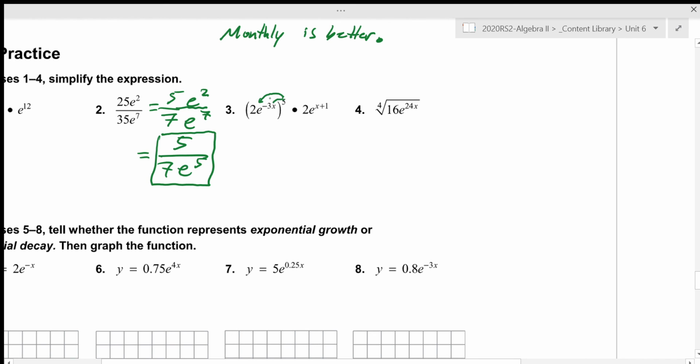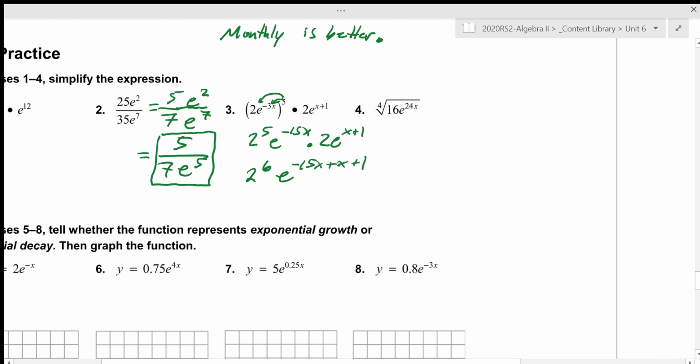So for the next one, distribute that 5 to both exponents. So this is 2 to the 5th e to the negative 15x, because 5 times negative 3 is negative 15, times 2 e to the x plus 1. Alright, we can combine the 2's because they're the same base, so this is 2 to the 6th power, e to the negative 15x plus x plus 1.